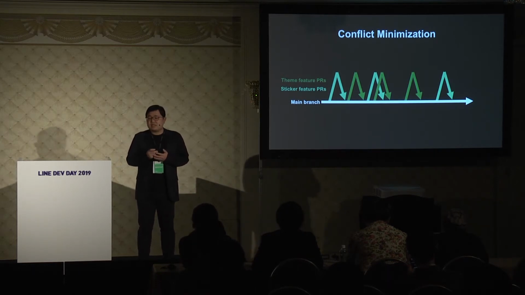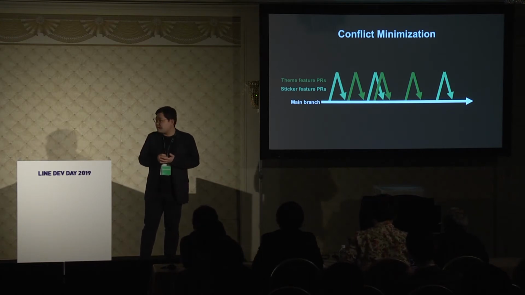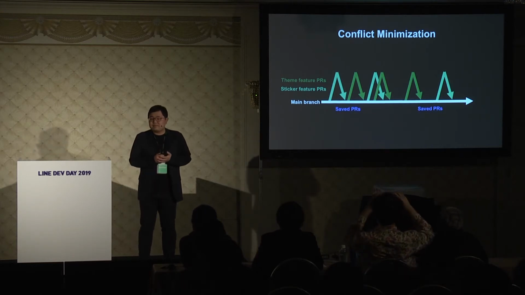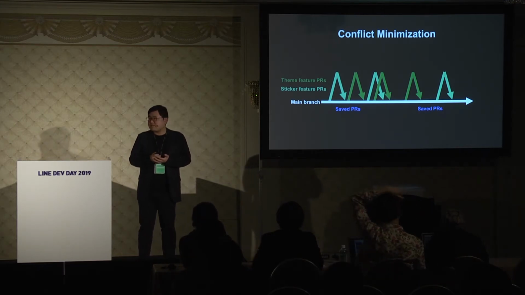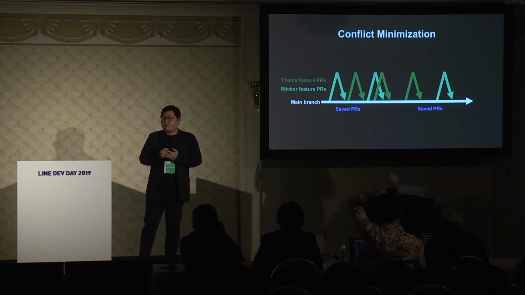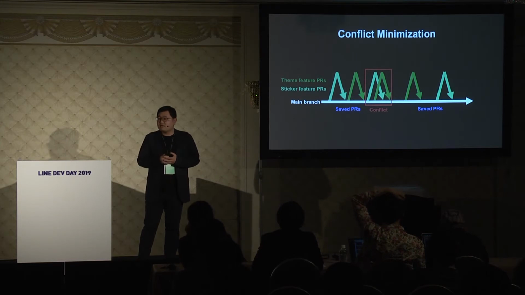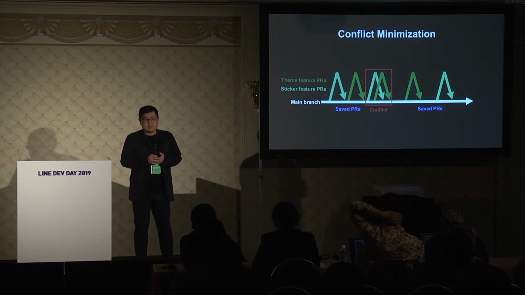In this diagram, if you focus on the first and the last pull requests, the two on the left and two on the right, there is no possibility of conflict for these. So you don't have to worry about that. The conflict possibility could be focused on these two.